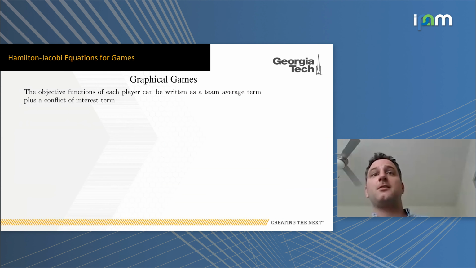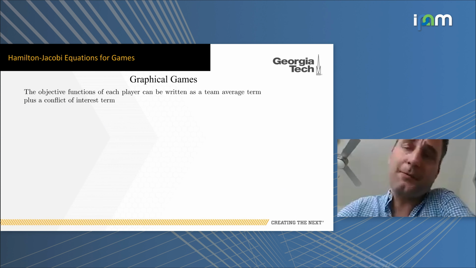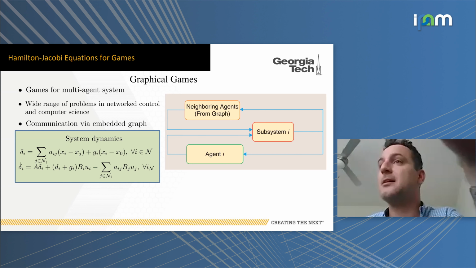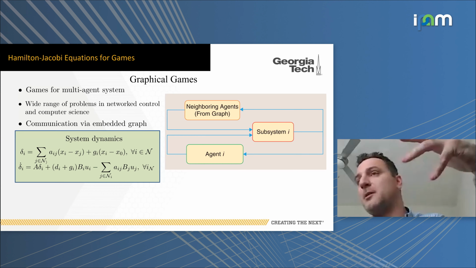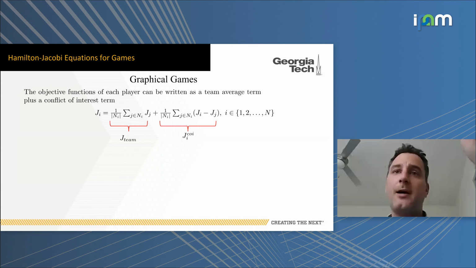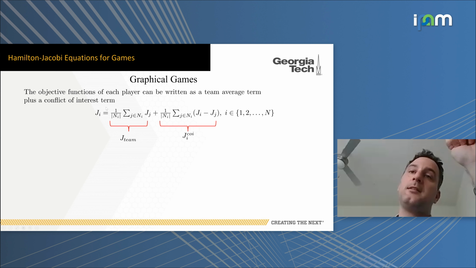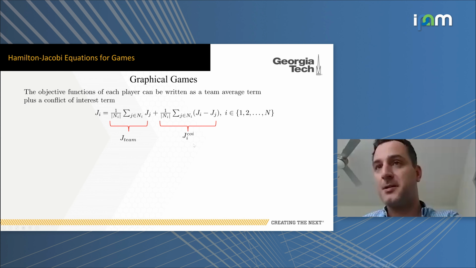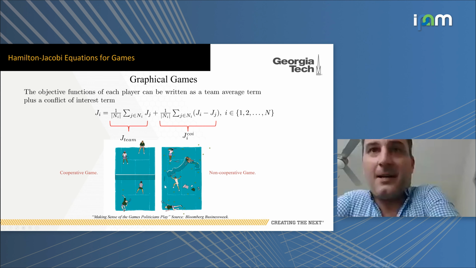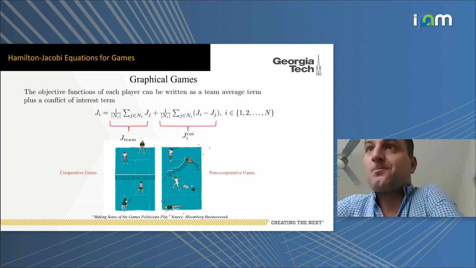Now, as I told you, we can have different kinds of players. Some of them are good players, some of them are bad players. So in a graphical game, you can write the team players in the neighborhood, plus the opposing team players. And then this is just a funny graph.